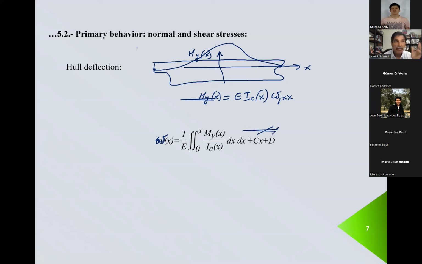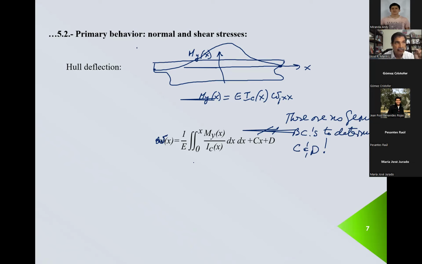But there are no geometric boundary conditions to determine C and D. So this is what people usually do.